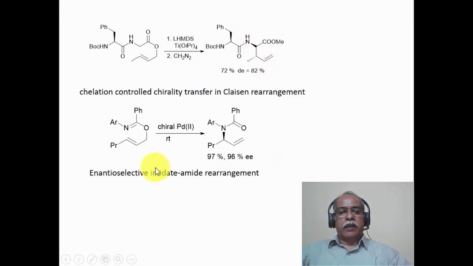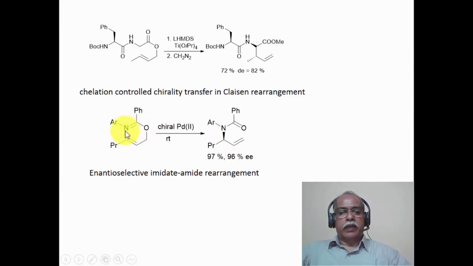There are several examples reported by Larry Overman, which are palladium catalyzed 3,3 sigmatropic rearrangements. The chiral palladium complex is what is used in this particular case. So the chirality of the palladium complex, essentially the coordination of the palladium onto the oxygen, induces the chirality of the rearrangement itself.